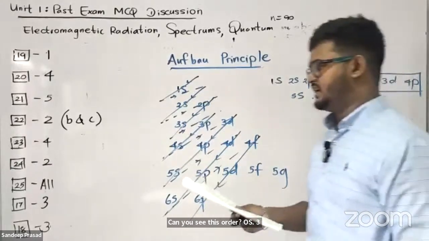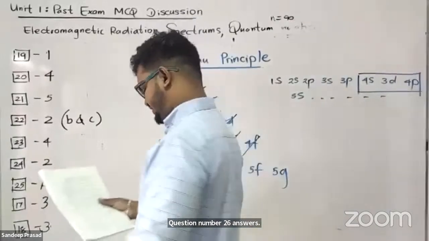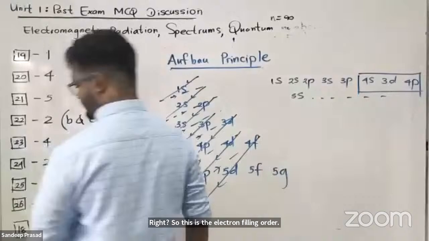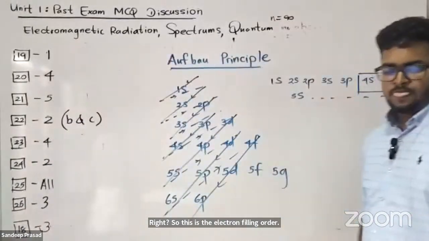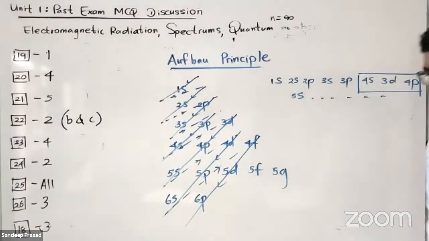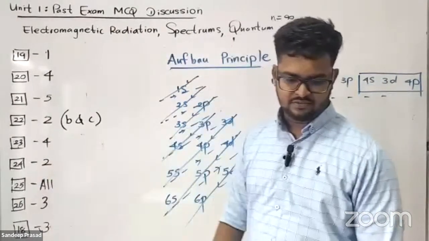Question number 26, answer is the third one. So this is the electron filling order. Question number 26, answer is the third one, right?